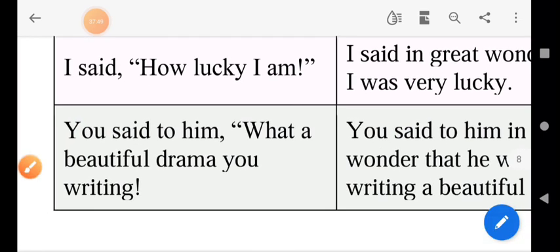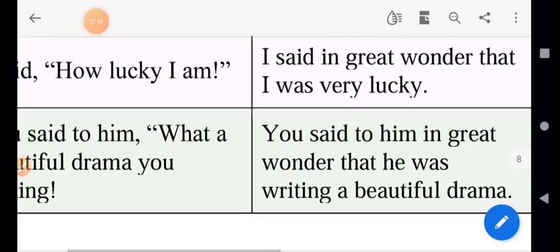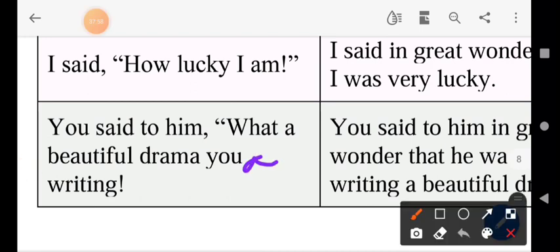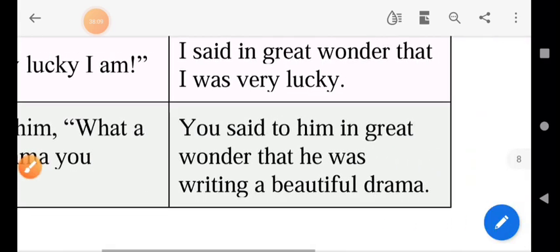And then, you said to him, what a beautiful drama you are writing. In you are writing, the helping verb has been missed. Present continuous changes into past continuous. Why? Because said is there. The reporting verb is in the past tense, so we should apply the rules and the tense may be changed.